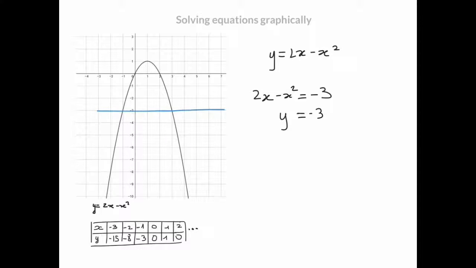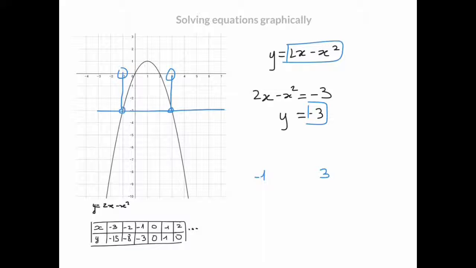So if you want y to be -3 and y to be equal to this at the same time, you have to look for these 2 points here. These are the only 2 points on your graph where the y-coordinate is -3. Now you can ask yourself, what are the corresponding values of x? The corresponding values for x are -1 and 3. So this means that -1 and 3 are solutions to this equation.